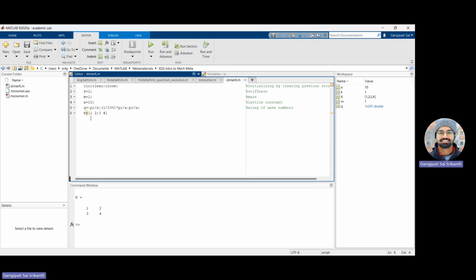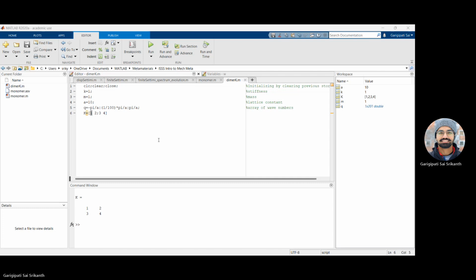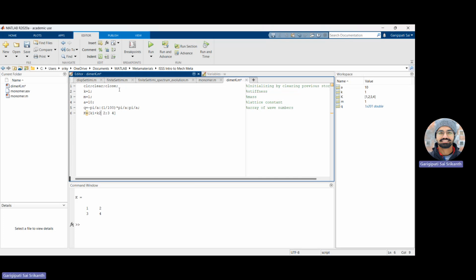And then, yeah, now we'll fill the terms. So what's that first term? I have to refer, first term was K1 plus K2. Yeah, that reminds me, K1, right, K2 is equal to 2. Okay, K1 plus K2.